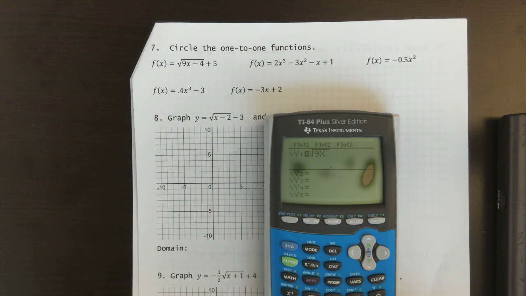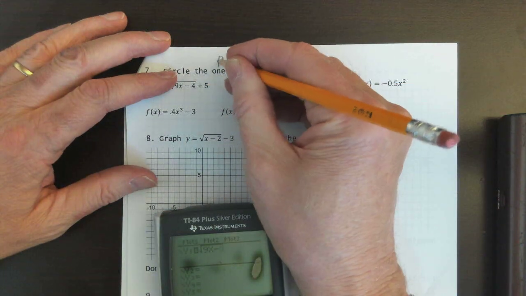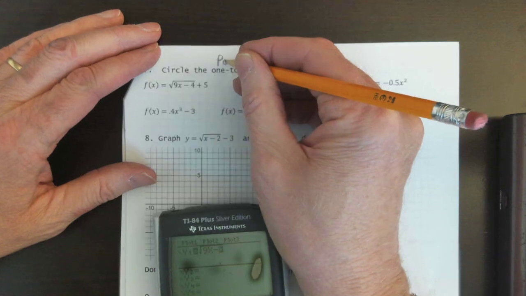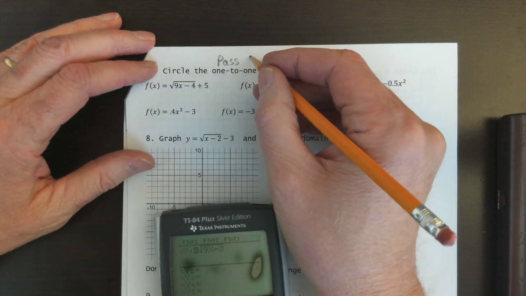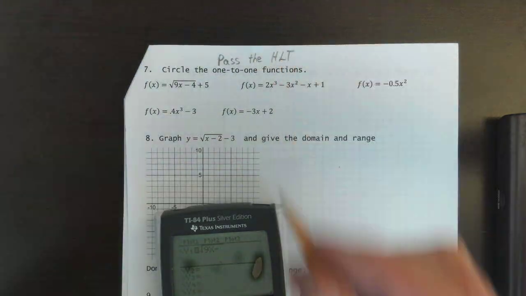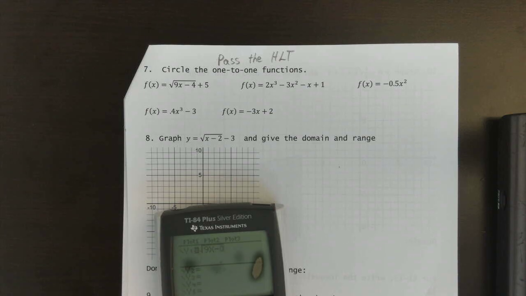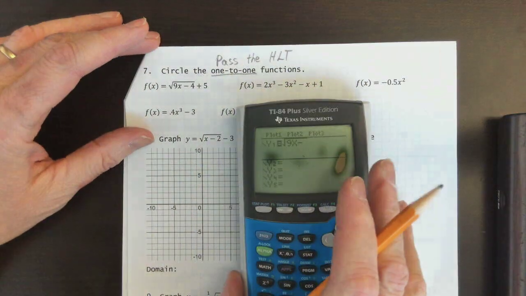Okay, if they are 1 to 1, that means their inverse is a function. So it needs to pass the horizontal line test. And if it passes the horizontal line test, then we're going to say yes to 1 to 1. We're going to circle those.